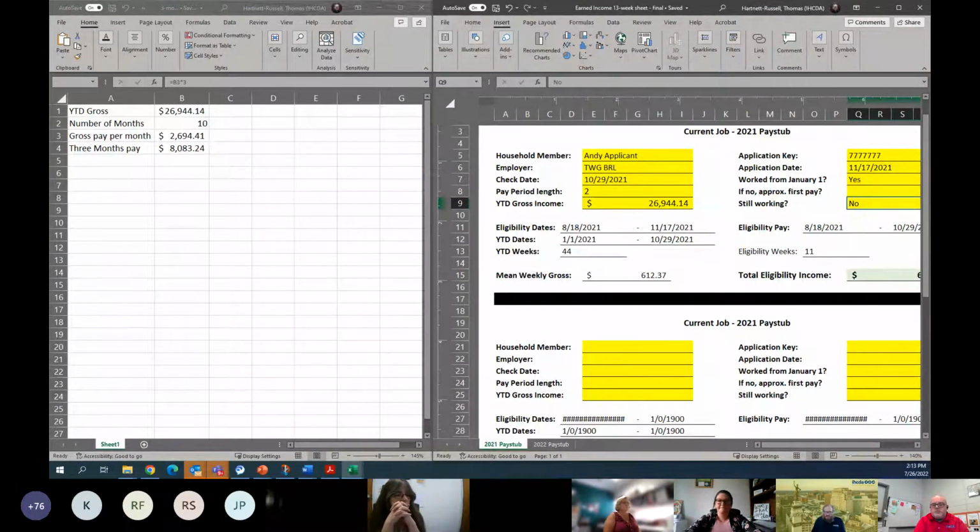I'll be honest, and this is actually good for everyone to understand, this is a control that's put in there so that we can't interfere with or undermine your determinations. As state users, we're fairly limited in what we are able to do and see when it comes to intake and data entry.